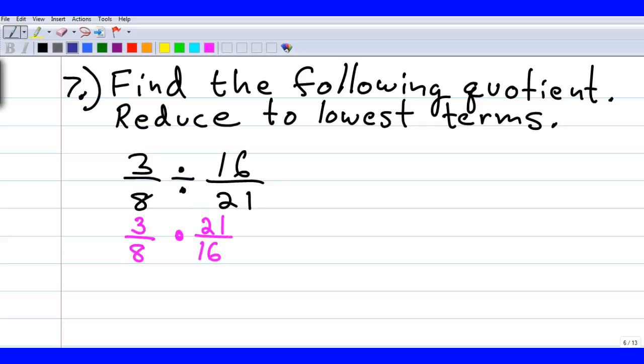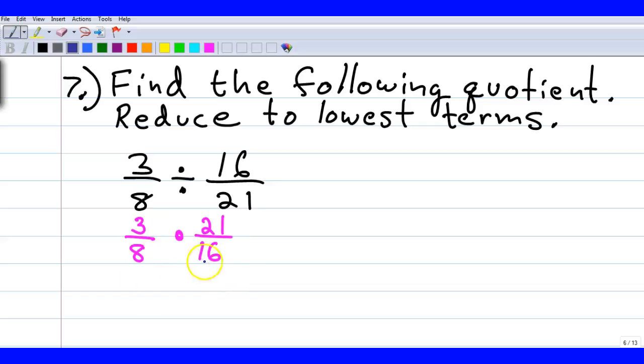So then I look across at the 3 and the 16. My 3 is a prime number. The only thing that will divide into it is itself, and 3 will not divide into 16, so I can't reduce it this way. Lastly, I'll look at the fractions themselves and see if they can reduce. 3/8, again, nothing will reduce here, and the 21 over 16, again, nothing will reduce.